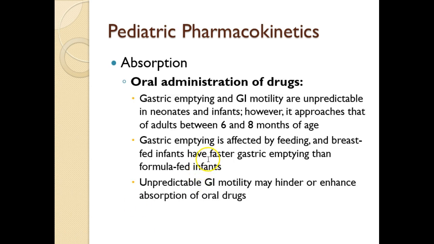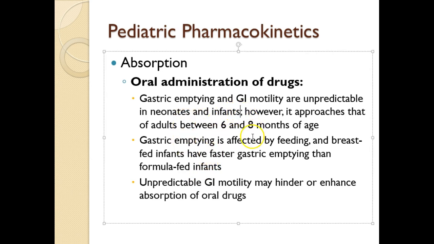Gastric emptying and GI motility are unpredictable in neonates and infants. If you notice, when they drink their formula or breast milk, they absorb it really fast. So there's a fast gastric emptying, and so it's really unpredictable. It approaches the adult levels at 6 to 8 months.